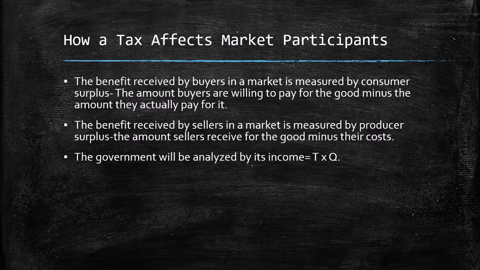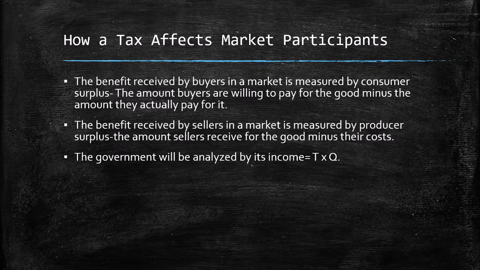It is measured by consumer surplus, an important keyword. Consumer surplus is the amount that buyers are willing to pay for the good minus the amount they actually pay for it, so it is basically the difference. We know that when the price is higher, consumers have to pay more.